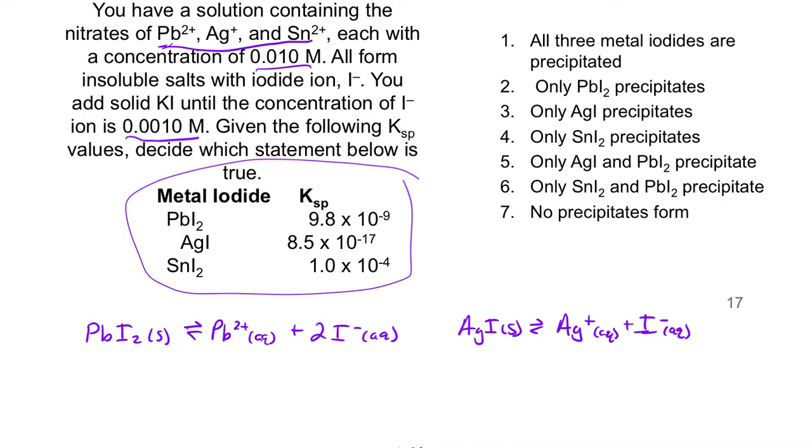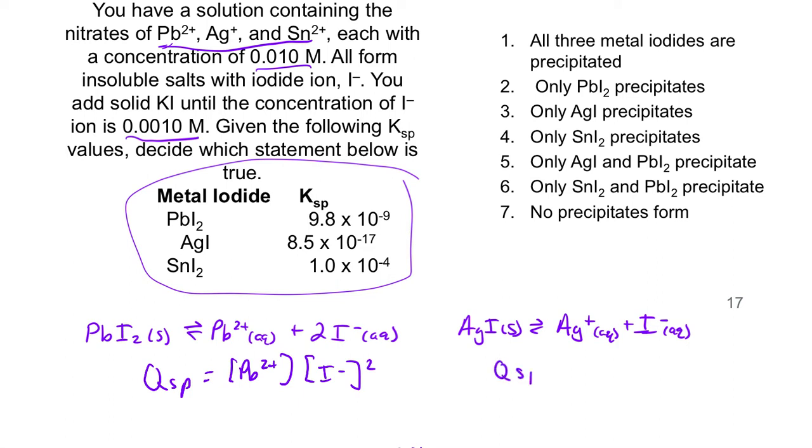It's best to write out the equilibrium, then write out the QSP expression. So QSP for the lead iodide is equal to the lead concentration, Pb2+, times the I- concentration squared.